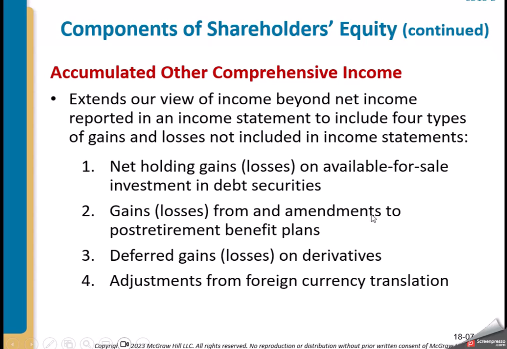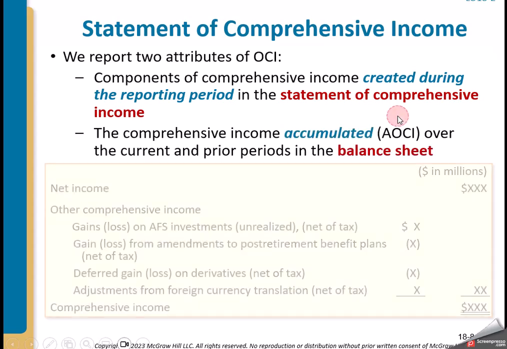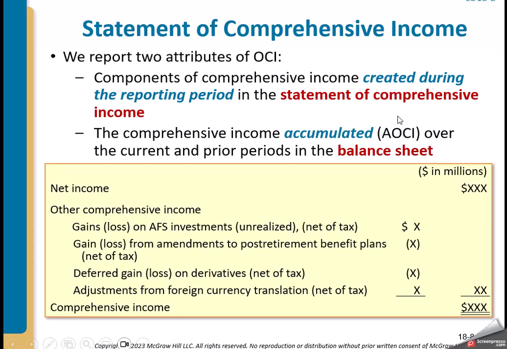So if we are buying and selling product between us and the European countries, there could be a difference between the US dollar and the euro between the time that we sell it and the time that we collect it. So that can change. And then we don't want to have a gain or loss that relates to our business when it really only relates to that foreign currency adjustment.